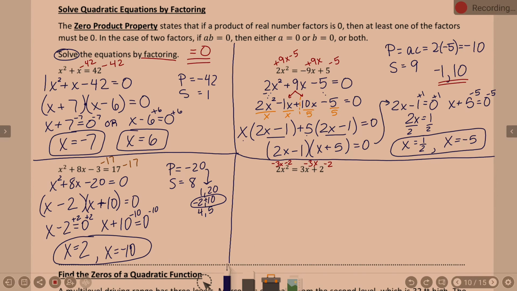So 2x squared minus 3x minus 2 equals 0. Is there a GCF? Is there something that they all divide by? No. So, what kind of product do I need?